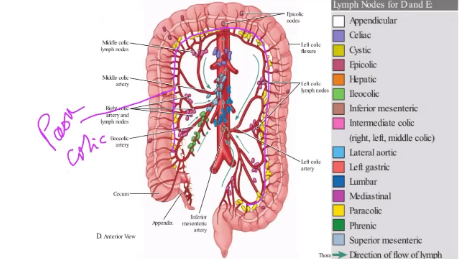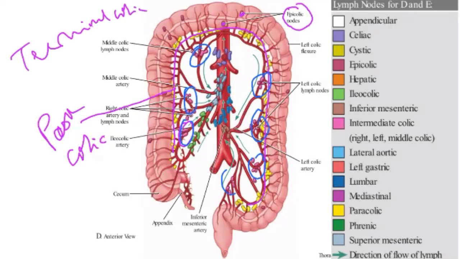And these in the serous layers are epicolic, right? Along the border of the superior mesenteric and inferior mesenteric are terminal colic, right? So along the named vessels are called intermediate colic, right? So this is the intermediate colic, right, left, middle colic, right? So those are the groups that drain into the system.